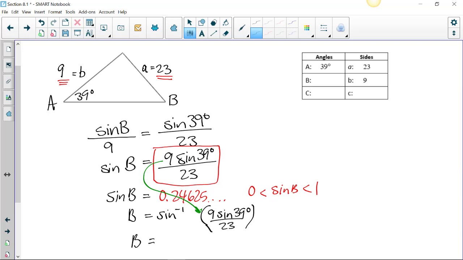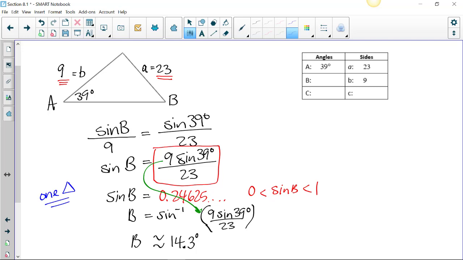So this gives me angle B is approximately, rounding to 2 decimal places, 14.3 degrees. So basically that's telling me that I do have at least one triangle. Okay, I've got one triangle.